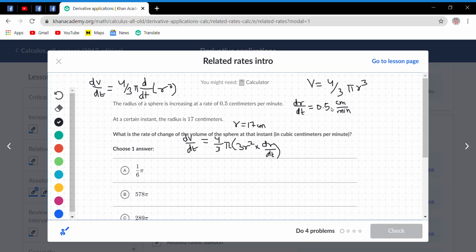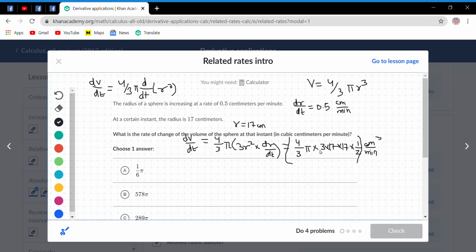We know dr dt is 0.5 centimeters per minute, and the radius equals 17. So this whole thing is equal to 4 by 3 pi times 3 times 17 times 17 times 1/2 centimeters per minute, and the radius is in centimeters squared, so the whole thing will be in cubic centimeters per minute.